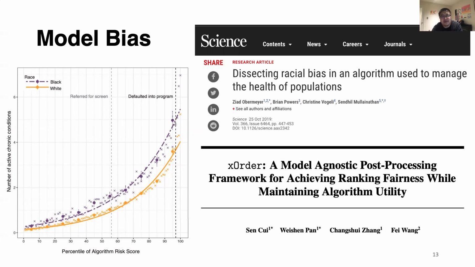This is a paper we wrote recently about how to adjust the rank of the predicted risks to make sure the prediction result is fair across different racial groups.